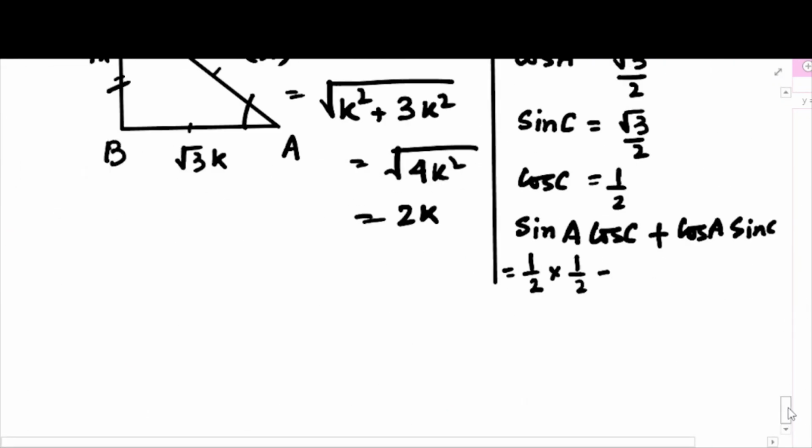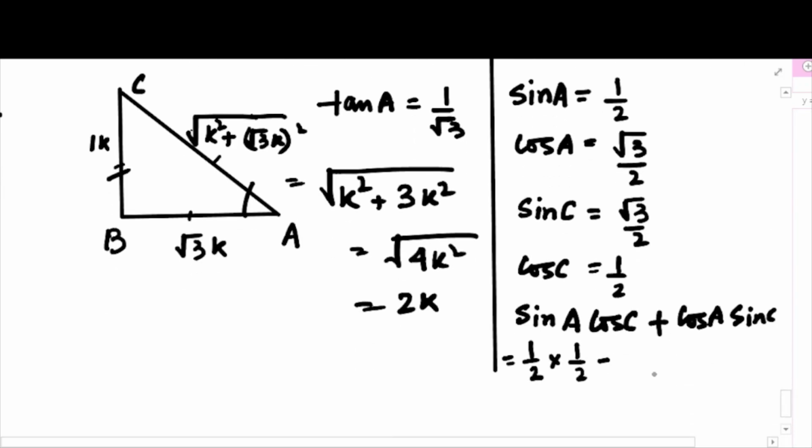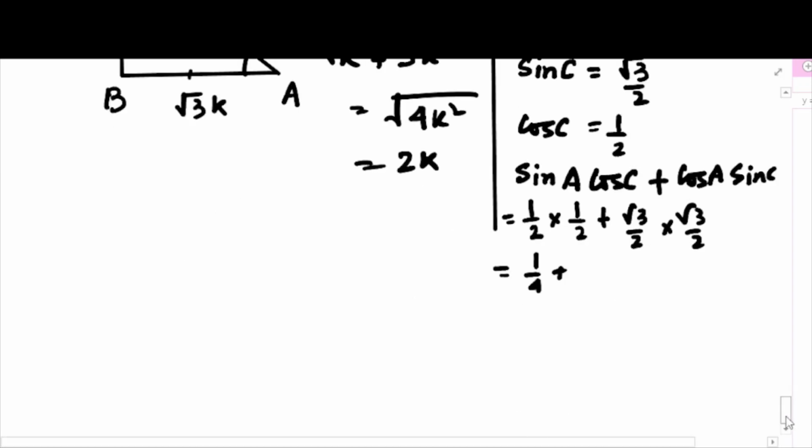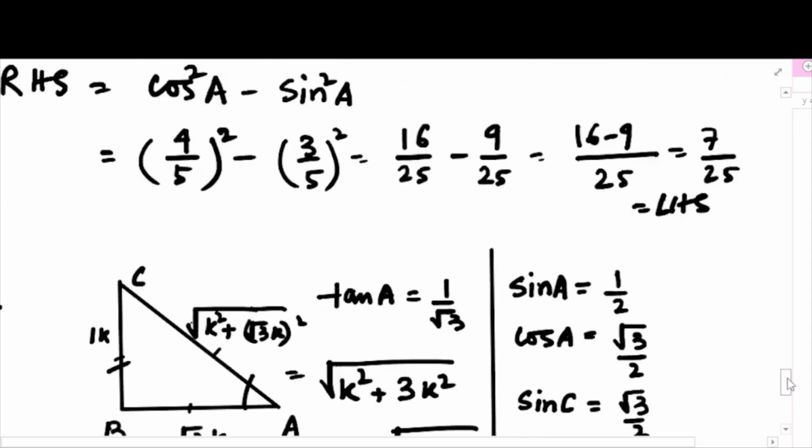Cos A equals root 3 by 2, and sin C equals root 3 by 2. So what we are getting: 1 by 2 into 1 by 2, 1 by 4, root 3 by 2 into root 3 by 2, it's giving us 3 by 4. So 1 by 4 plus 3 by 4, 1 is the answer.